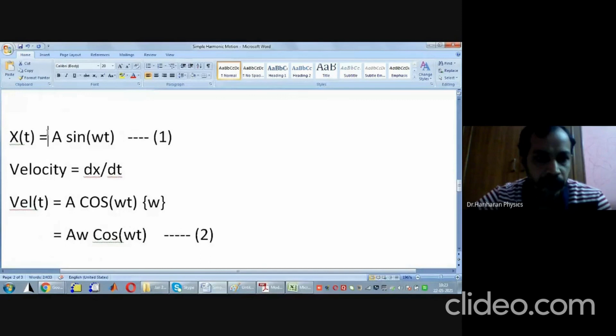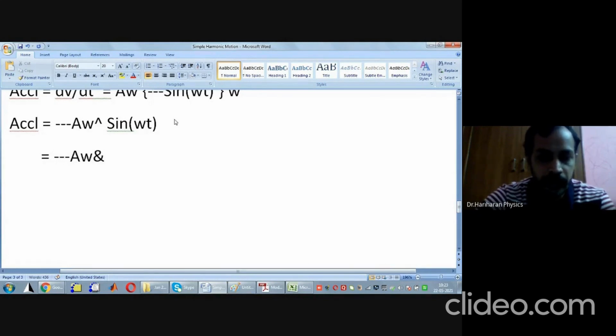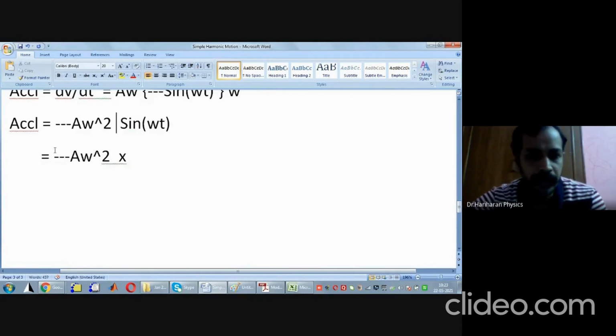A into sine of omega t from 1 is x of t, correct? Therefore, the acceleration of the particle performing simple harmonic motion will be equal to minus omega square times x. Okay, there is a square here.